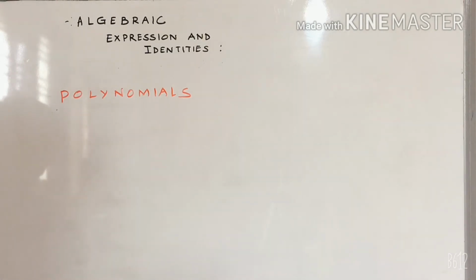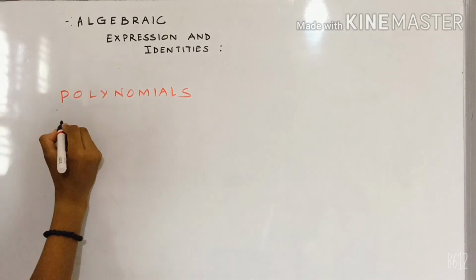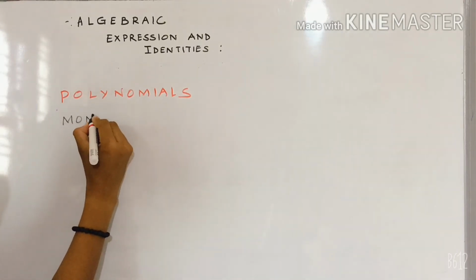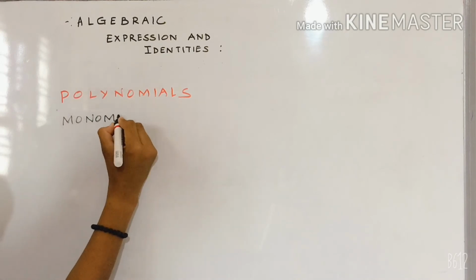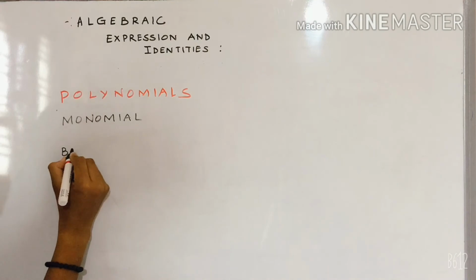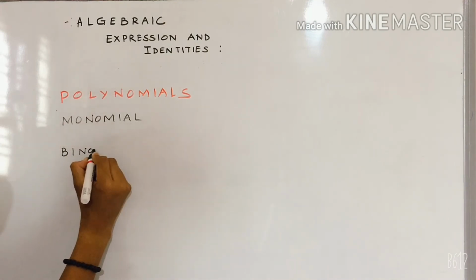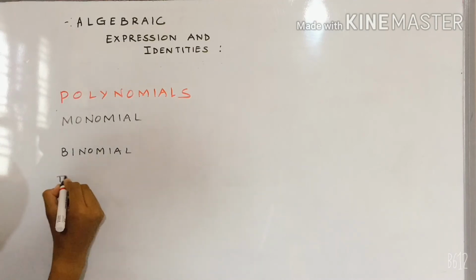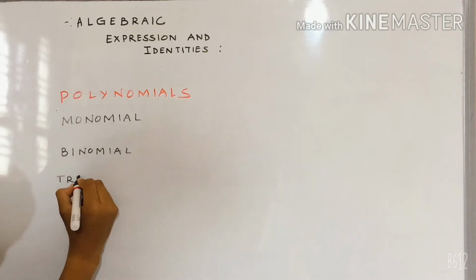Now we have three types of polynomials: monomial, binomial and trinomial.